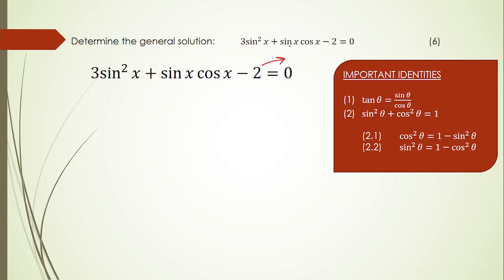Let's go. And oh, do you know that 2 is the same as 2 times 1? And 1 is equal to sine squared theta plus cos squared theta, or x in our case. I wonder if that's going to be any help. Let's go and see.